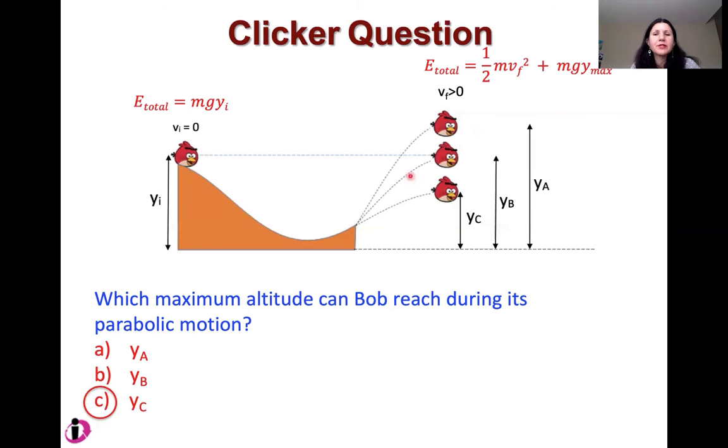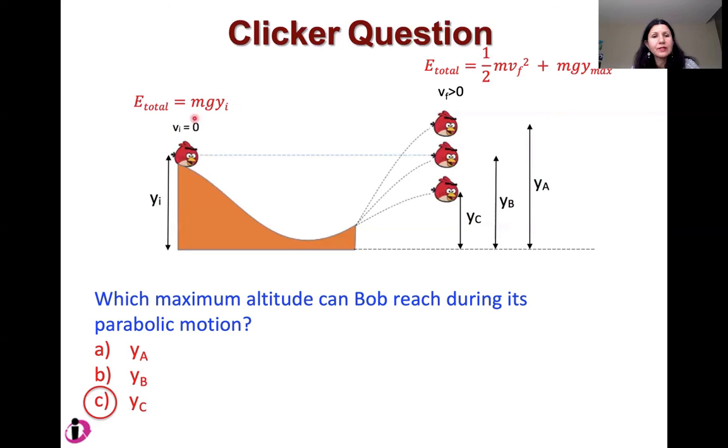I say max because we're assuming that this is the maximum height he's going to reach. So if we compare, this value has to be the same as this value. If the answer were B, what's the only way he could reach the same height as the initial if there was no kinetic energy? This kinetic energy adds a value. Remember, we're trying to keep energy constant.